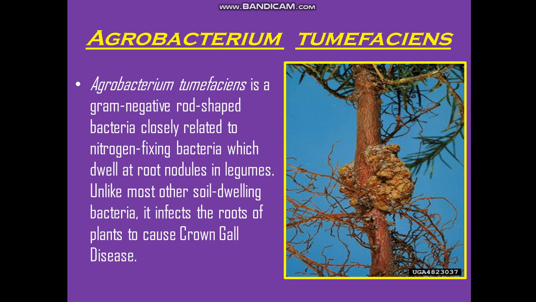So it incorporates its Ti plasmid, that is the tumor inducing plasmid, into the host plant cells, transforming the host plant cell to produce more and more growth hormones, auxins and cytokinins, due to which a gall or a tumor is formed at the places where the cells are affected. Okay, clear? So this is the basic technique of Agrobacterium.